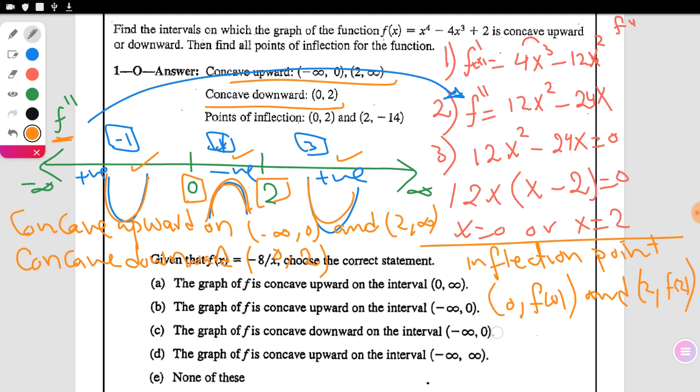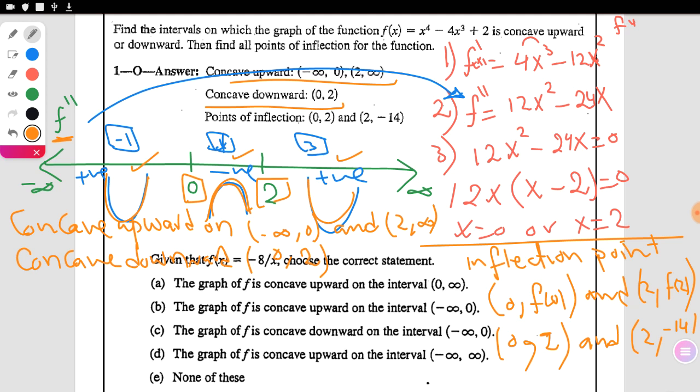By replacing, f of 0 will be 2. Just replace to find the y coordinate of the inflection point in the original function. And to replace by f of 2, it will be -14. So that is my result.